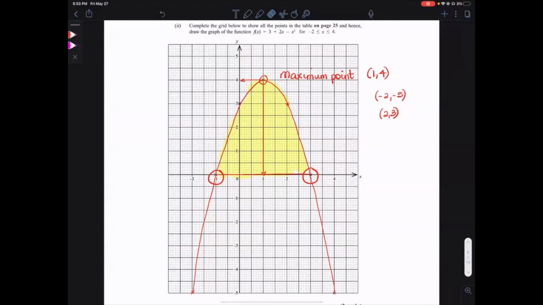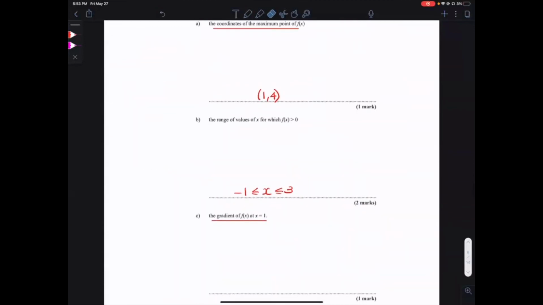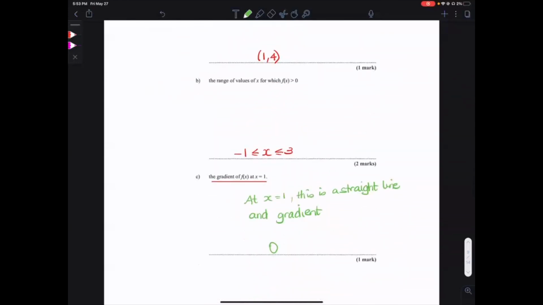Is this line sloping in any way? The gradient of f of X at X equal to 1. So at X equal to 1, this is a straight line, and the gradient is 0. So a line that slopes has a gradient, but a vertical or a horizontal line has 0 gradient.